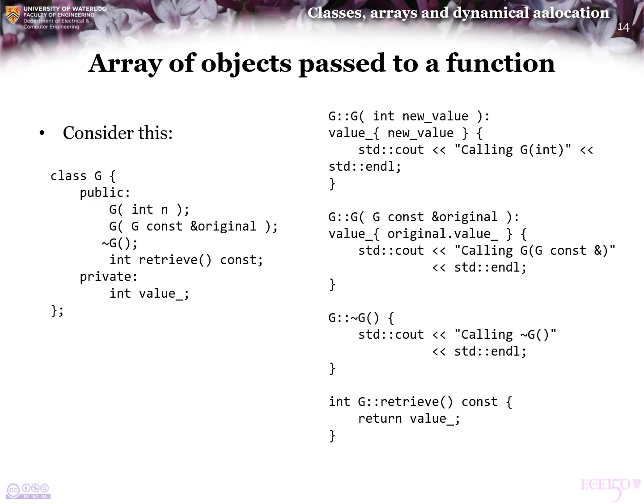The member function retrieve will return that particular value. Also, the constructor, the copy constructor, and the destructor will print a statement to the console output indicating that they are being called.